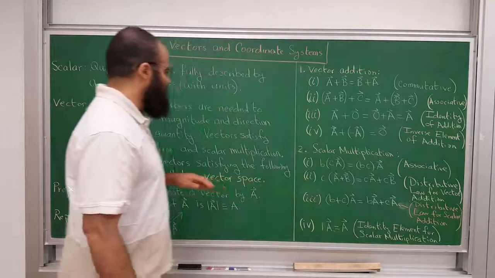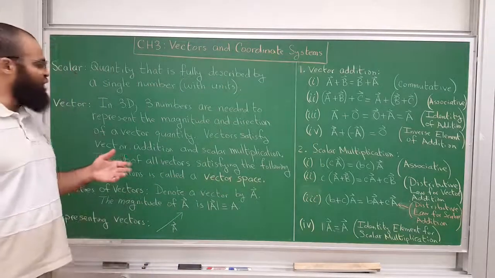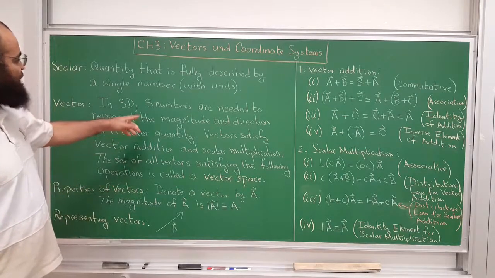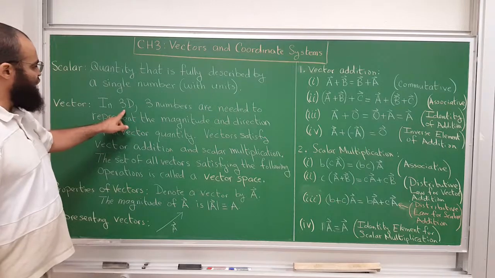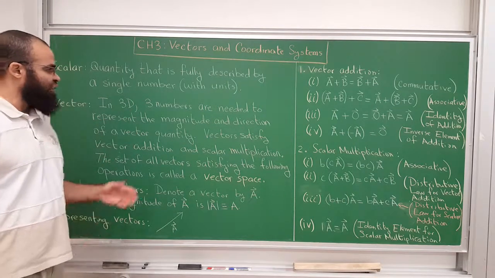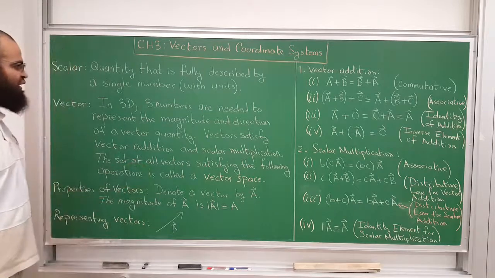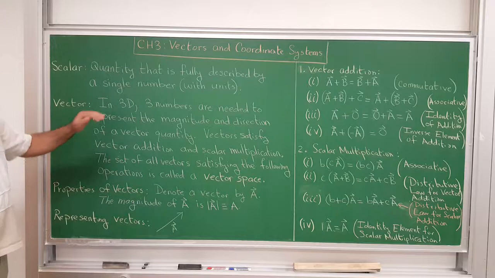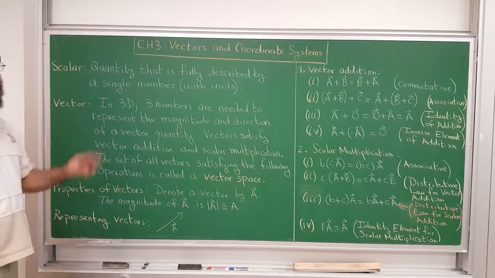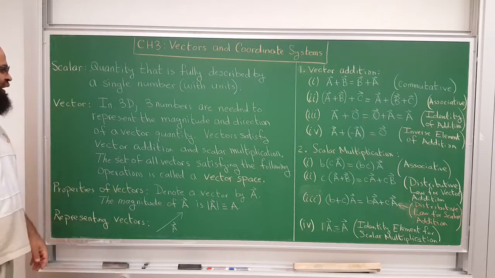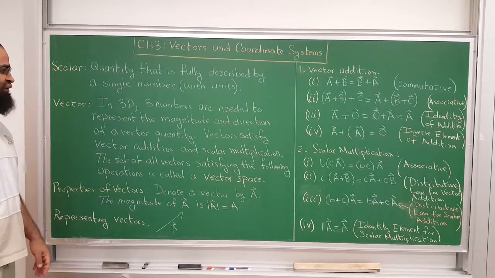In general, vectors can be in any number of directions. They could be in one dimension or even 0 dimensions. Or what we deal with usually is 3 dimensions or n dimensions, as mathematicians like to talk about. In general, it's just n dimensions. And so in 3 dimensions, which we usually deal with, you need 3 numbers to represent the magnitude and direction of a vector.